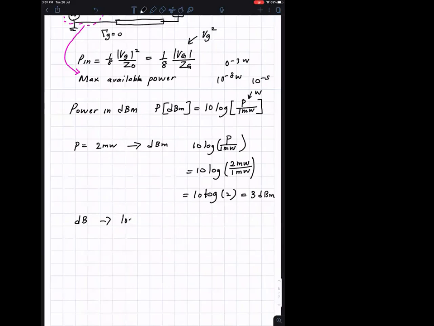You are given power, dB is 10 log P2 over P1. If it's voltage, then 20 log V2 over V1. Any other question?